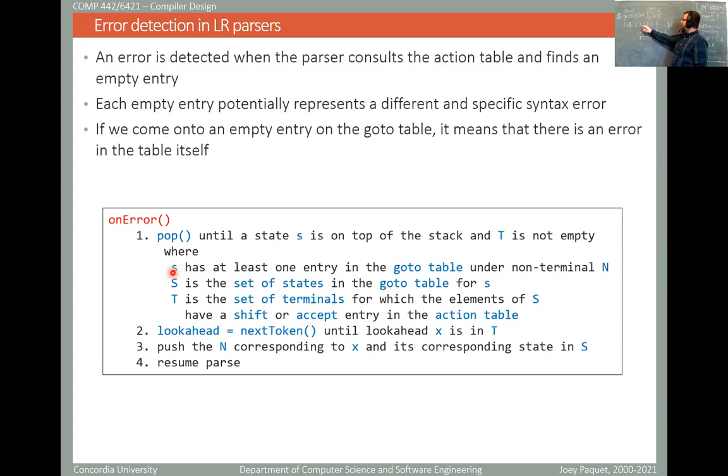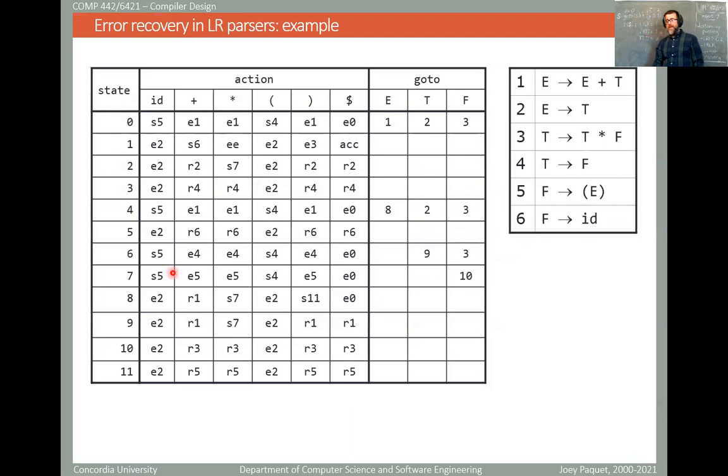T of 1: if I go into state 1, I scan over all the columns for this state, and I try to find shift or accept actions. Looking in the table for state number 1, I see plus and $: shift 6 on plus, accept on $. So plus and $ is the T set of state number 1.